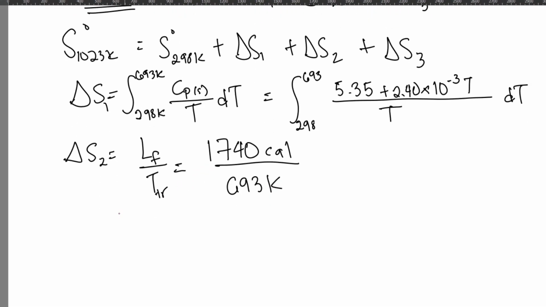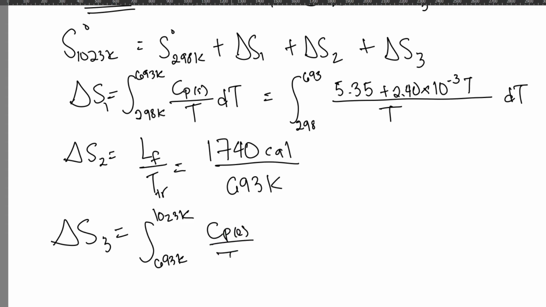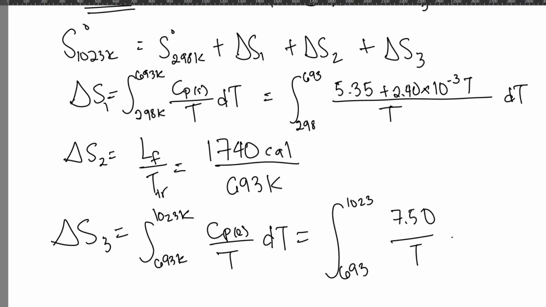And delta S3 is from 693 Kelvin to 1,023 Kelvin. We now have the Cp of the liquid over T dT, which is the integral from 693 to 1,023 of 7.5 over T dT.